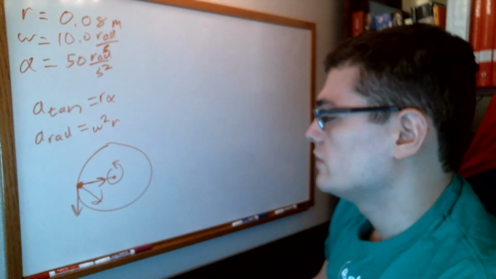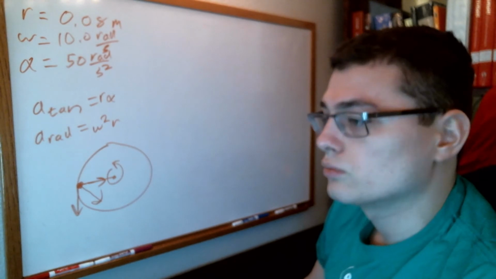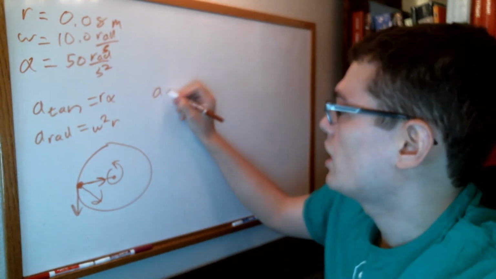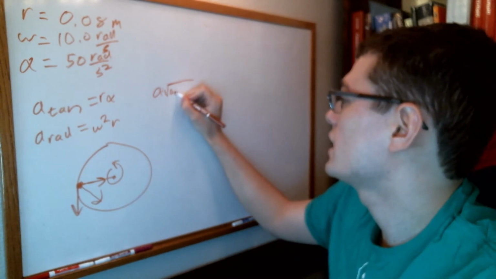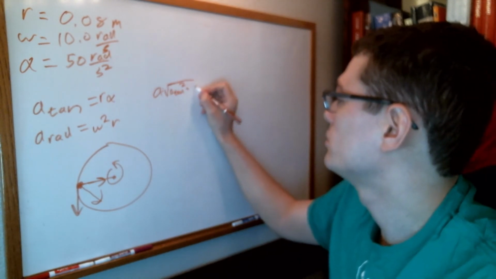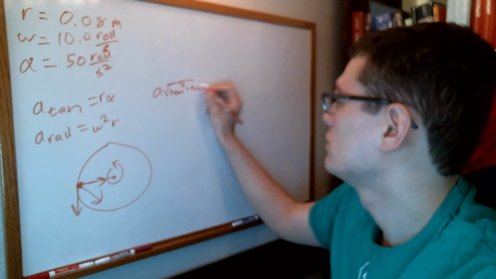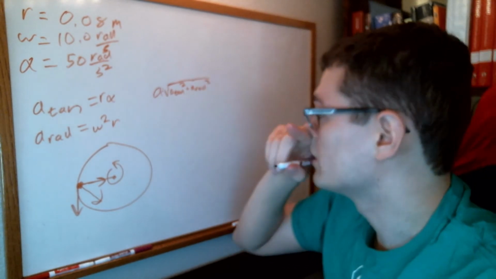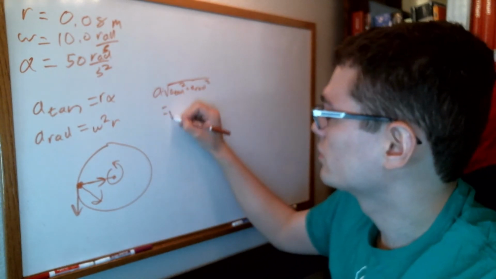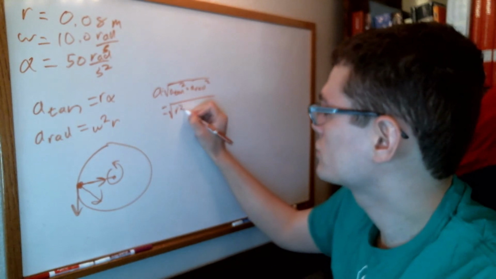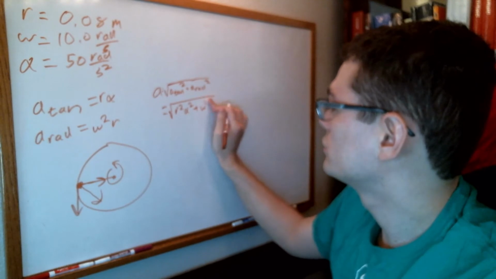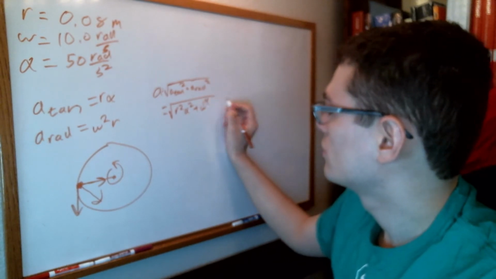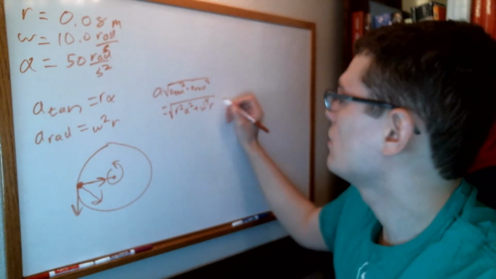So in this case, we're going to just use the Pythagorean theorem, which states that A is equal to A tangential squared plus A radial squared. We just square these two components, and we get R squared alpha squared plus omega to the 4th R squared.